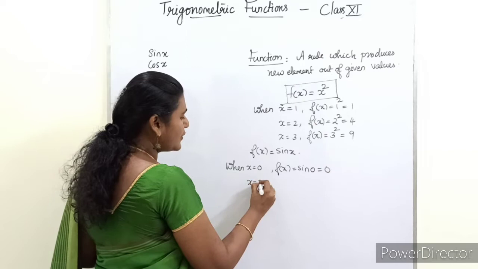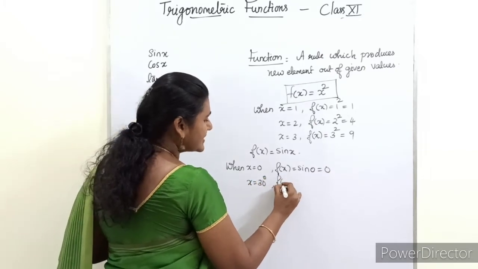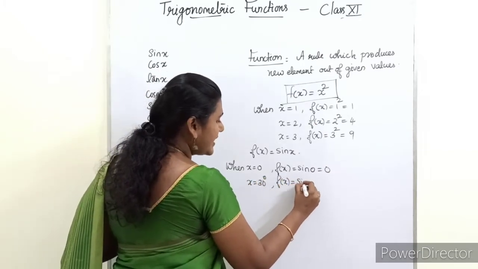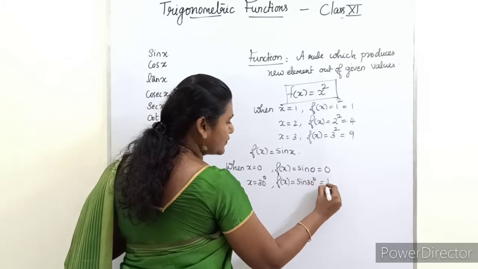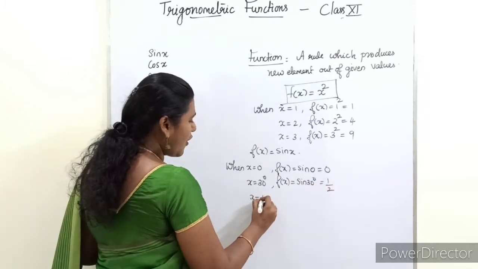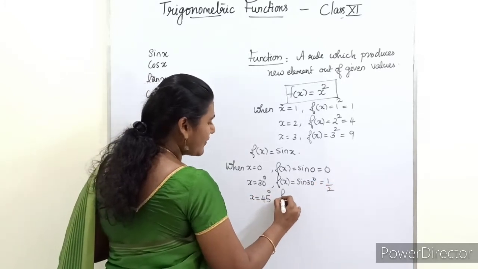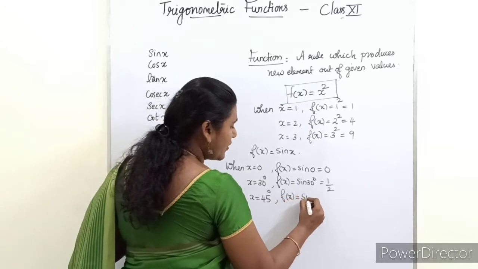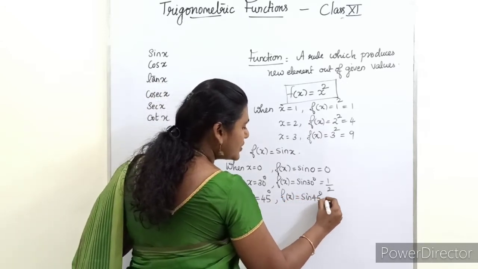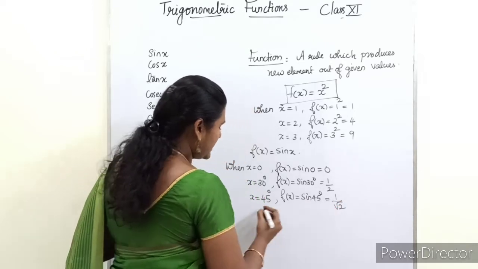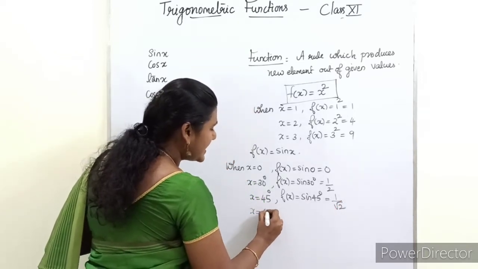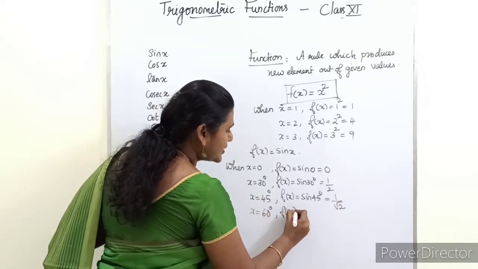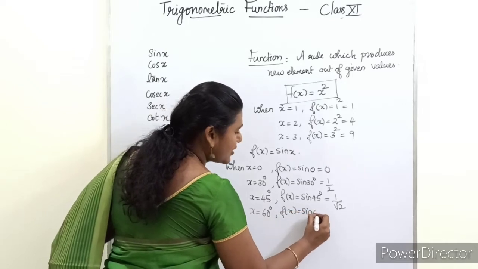When x is equal to 30 degrees, f of x is sin 30 degrees, which is 1 by 2. When x is equal to 45 degrees, sin 45 is equal to 1 by root 2. When x is equal to 60 degrees, f of x is sin 60, which is root 3 by 2.